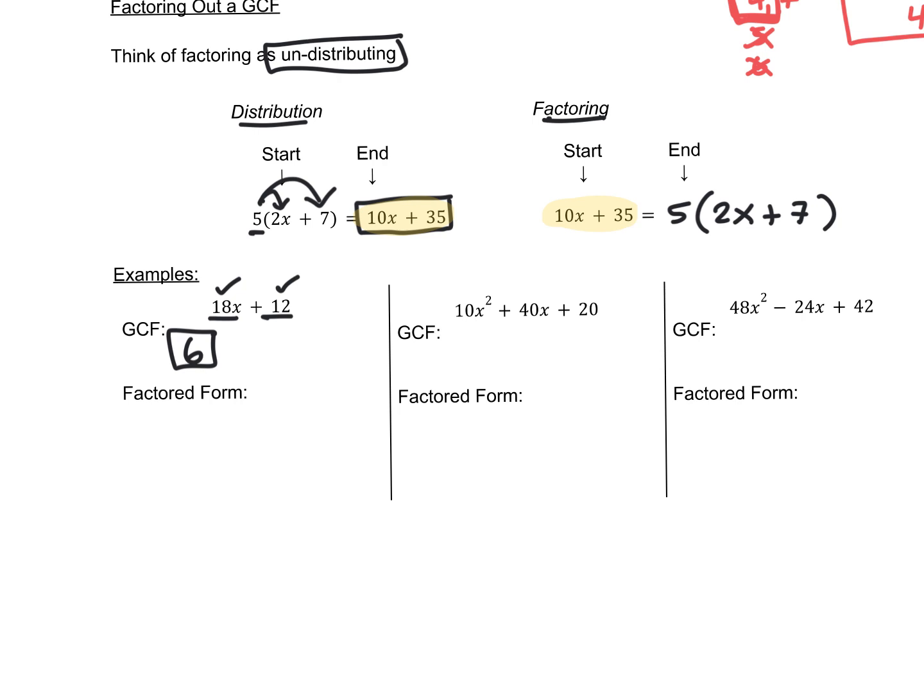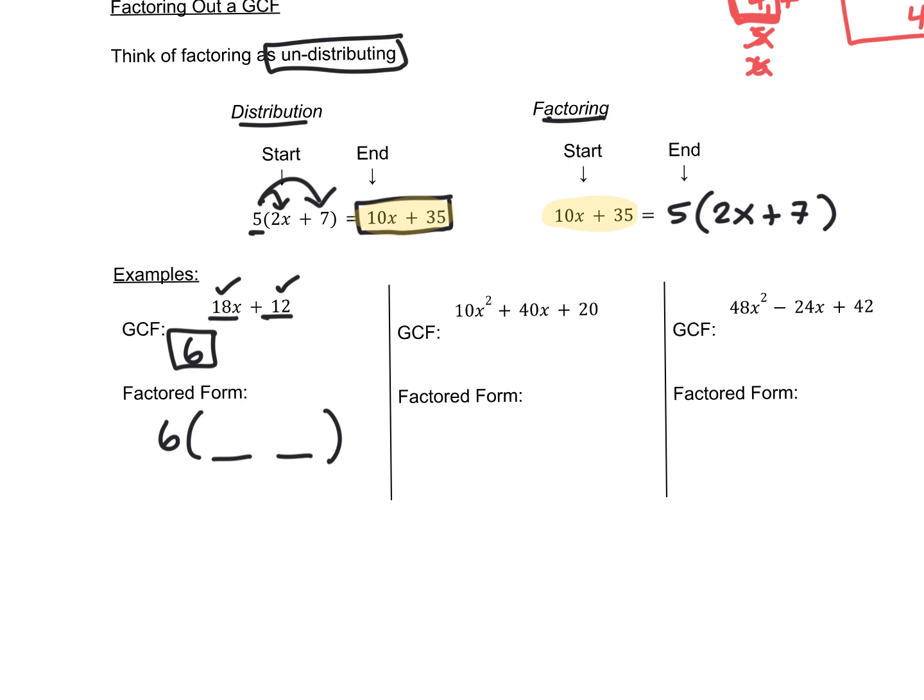All right, so what I'm going to do is set up what my answer is going to look like. My greatest common factor, 6, is going to be in front of a set of parentheses. And I always actually know how many terms should be in my parentheses. Since I started with 2 terms, I should have 2 terms in my parentheses here.